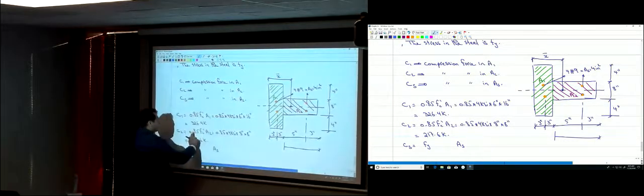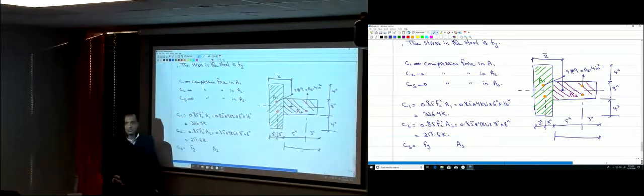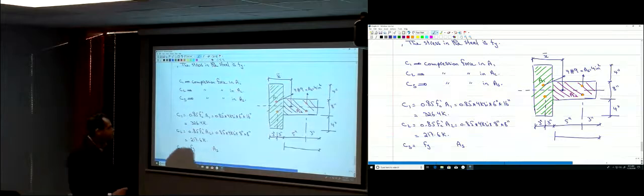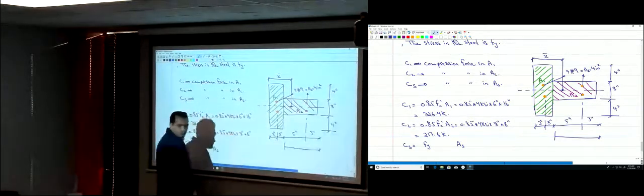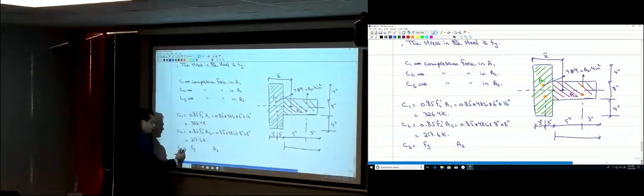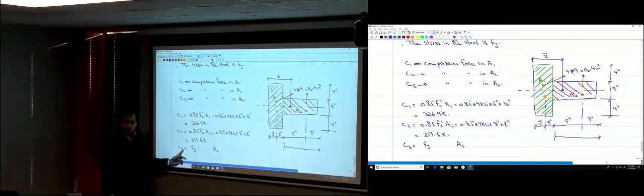I'm counting it with the concrete, and I'm counting it with the steel. Is that correct? No, it's not concrete, it's only steel. So I should deduct this area from the concrete here, right? I didn't. So I will deduct it while calculating this CS, the compression force in the steel.